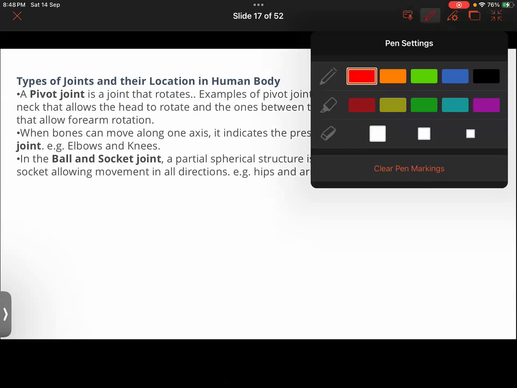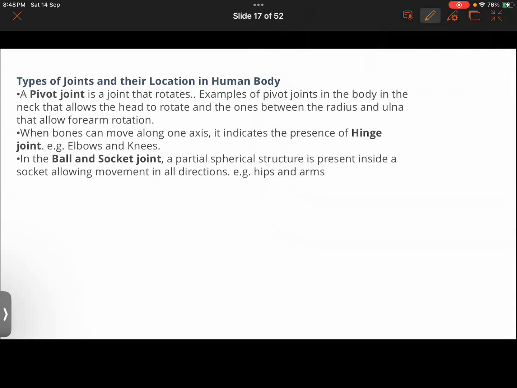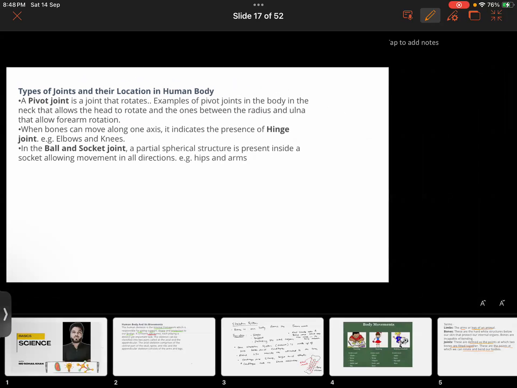Let us learn about the pivot joint first of all. A pivot joint is a joint that allows rotation. Examples of the pivot joint in the body are in the neck, which allows the head to rotate, and also one between the radius and ulna that allows forearm rotation. Let me show what I mean.